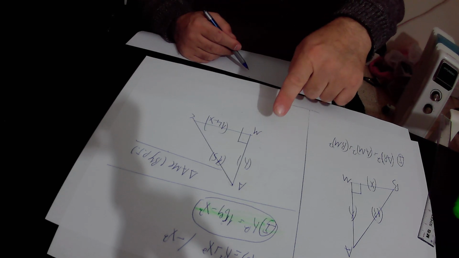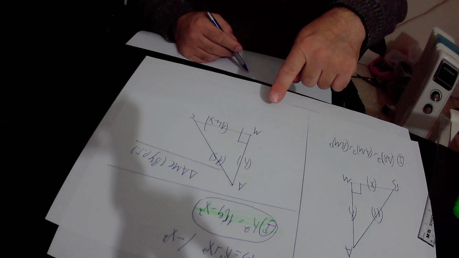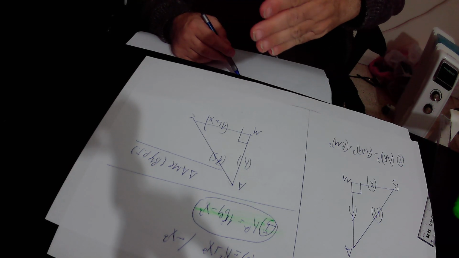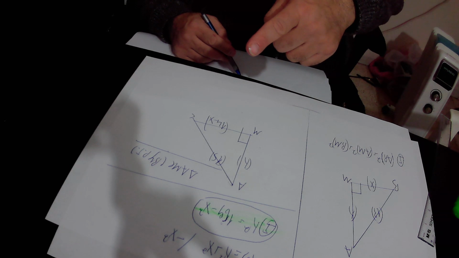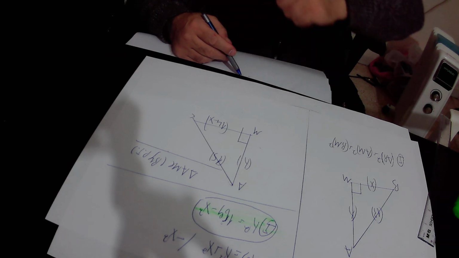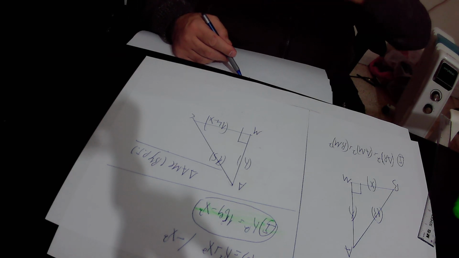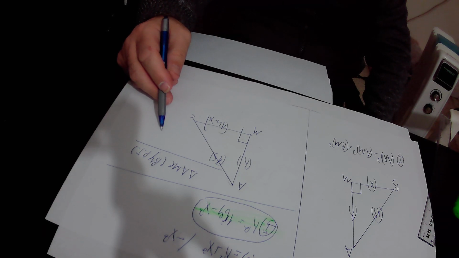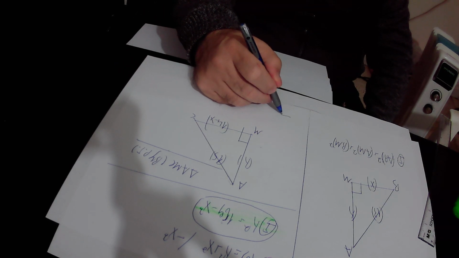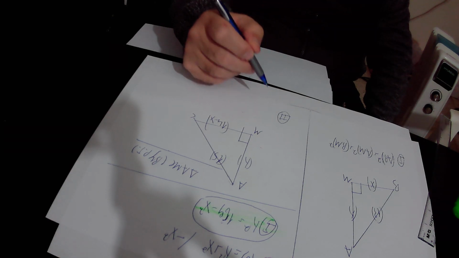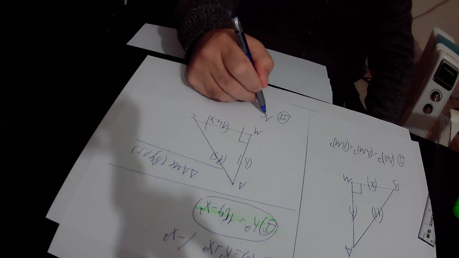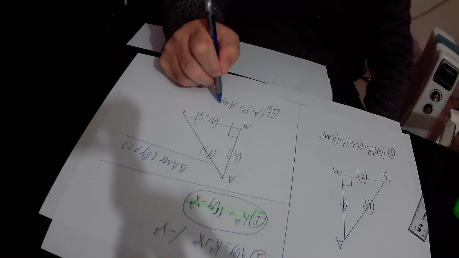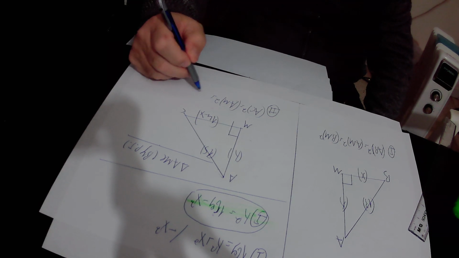AM equals H according to our definition. We have already found out that side MC equals 14 minus x, and it is given in the question that the hypotenuse AC equals 15 units length. So in this right triangle AMC, by PT, according to the Pythagoras theorem, AC squared equals AM squared plus MC squared.